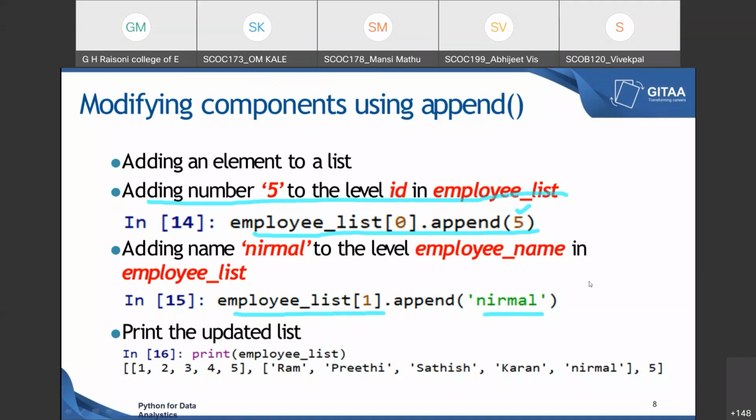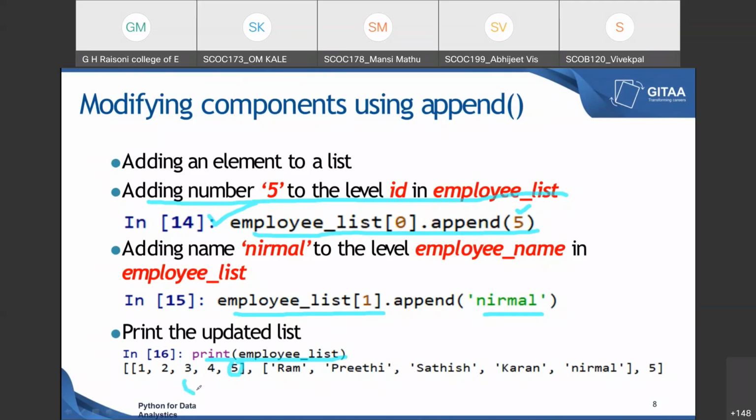Now if you see the output, after that you can give the command print employee list. If you observe, with the help of this line number 14, it is going to append the employee ID 5 at the last, because it is index value 0.